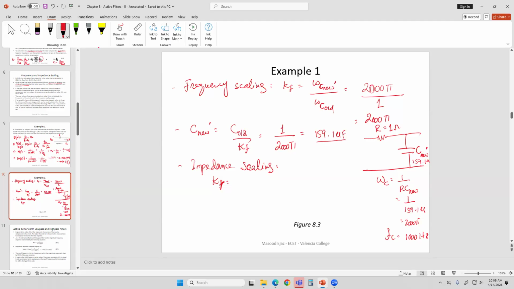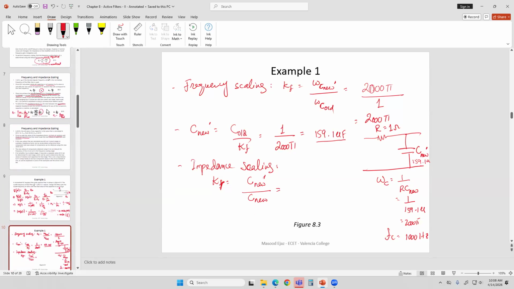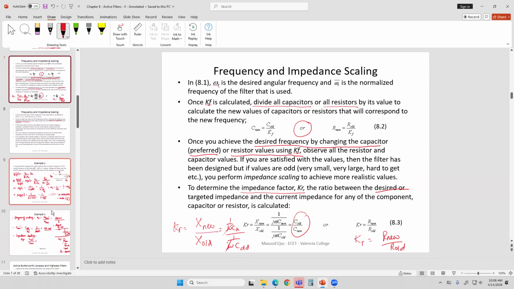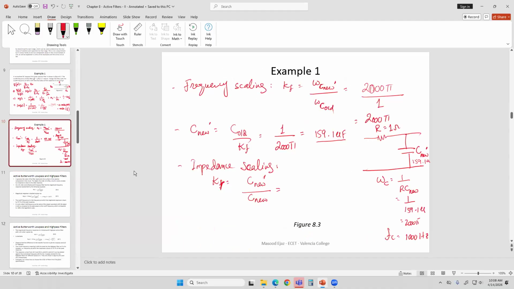That's going to be C new prime, which is now C old, over the final value, which is C new. And again, we are using KR equal to C old over C new. This old is now C new prime for us. So C new prime is 159.1 microfarad.